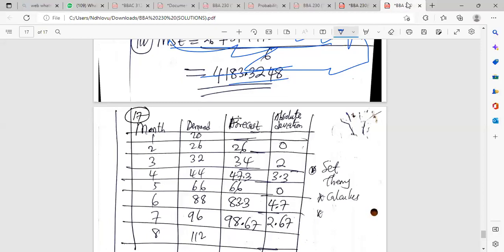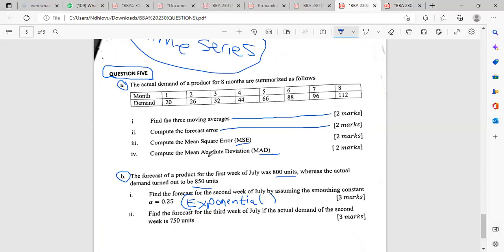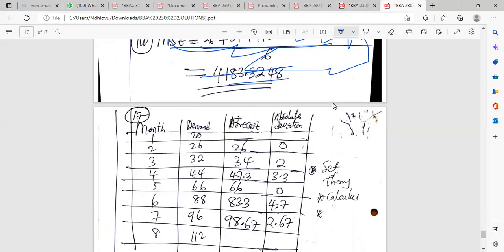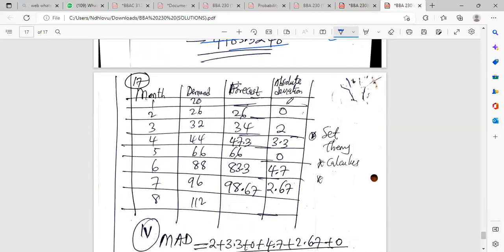Now we can get down to the other component, the mean absolute deviation. For mean absolute deviation, you just ignore the negatives. So for these deviations that we are getting, absolute deviation ignores the negative.